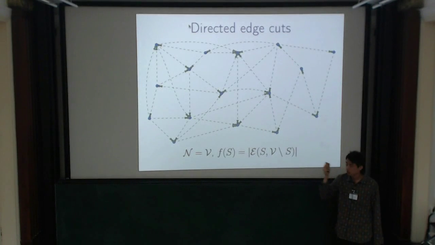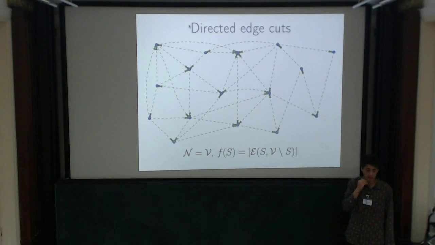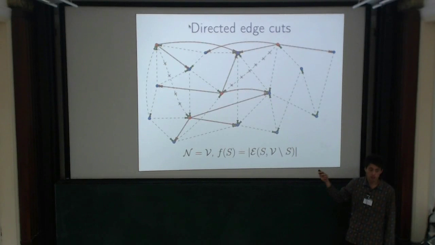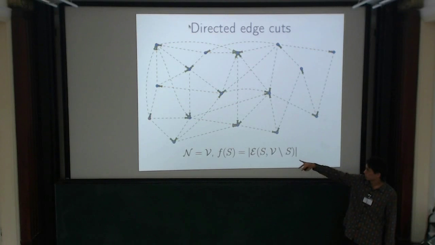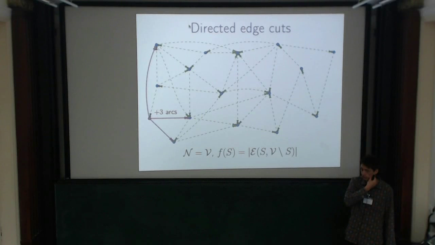So my non-negative example is going to be directed edge cuts. So here I take a subset of vertices, and I get points depending on the number of arcs that leave my vertex set, right? So in particular, there's some arcs between red vertices. I don't get points for that, right? Just to quickly go over the submodular part. If we look at this purple guy on the left, he's worth 3 initially.